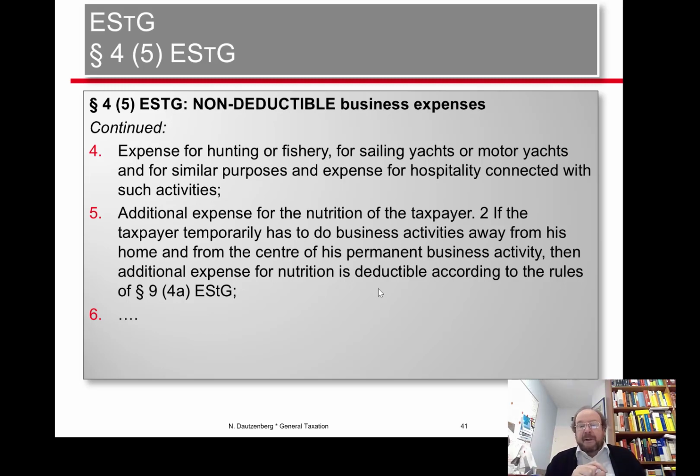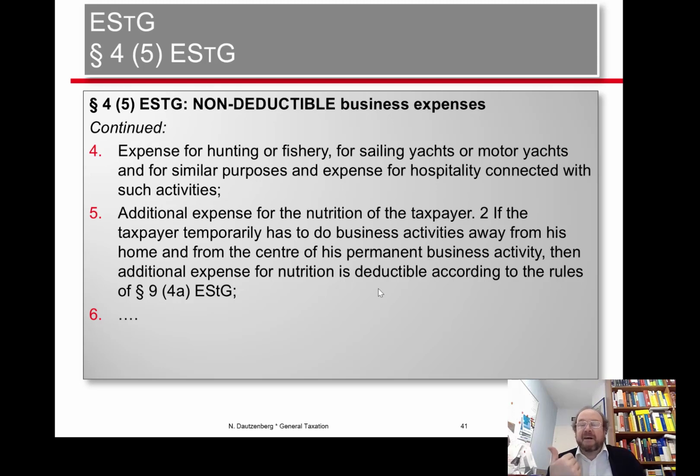And so, in principle, there was an agreement. People accepted that the additional expense caused by the business travel for meals and similar things must be deductible because that's entirely caused by business.